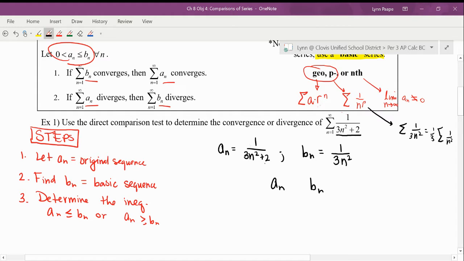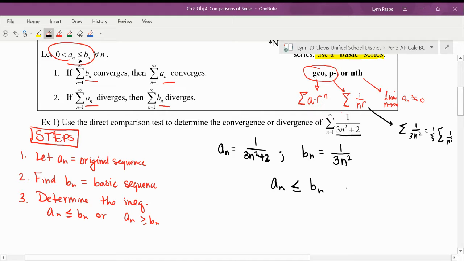When I look at this, I see that I'm adding 2 to the denominator, so An has a larger denominator. If it's a larger denominator, that makes it a smaller fraction. I don't care about the equality component, because maybe at some n it would be equal, so I'm always going to put that equals piece because that is allowed.